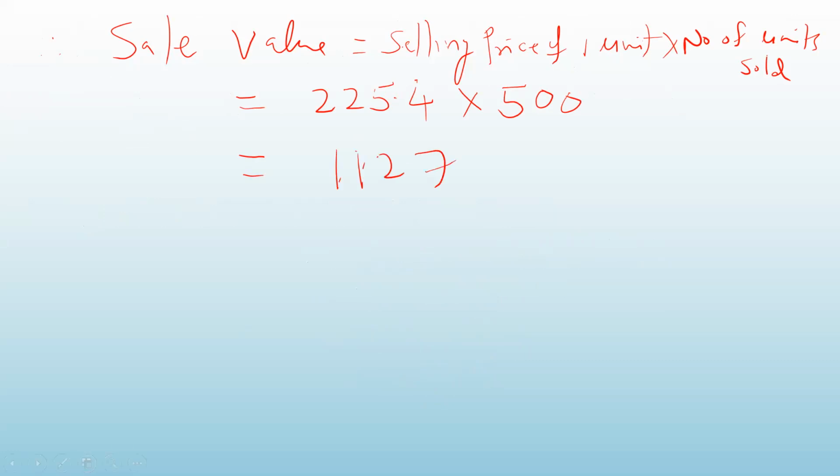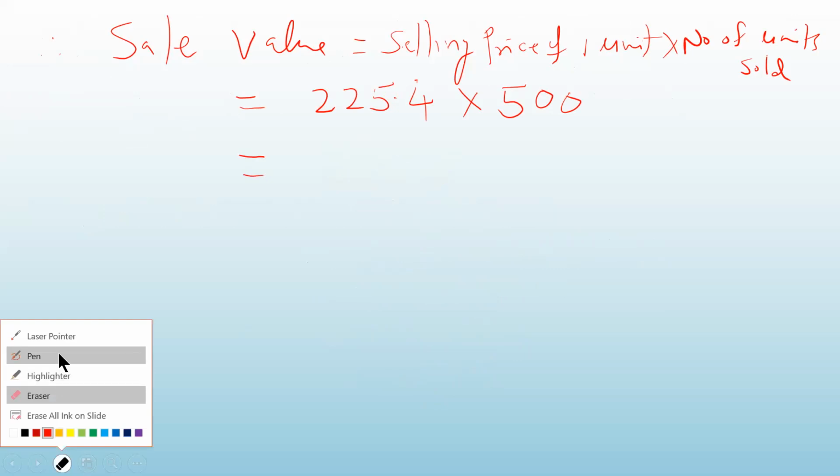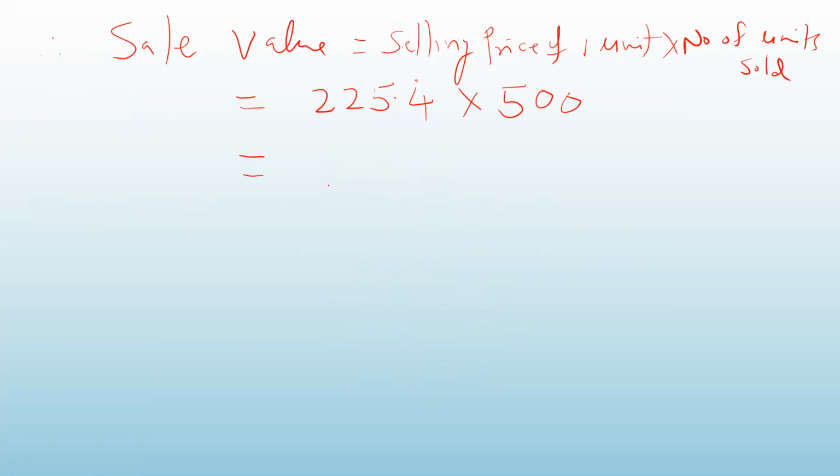Just write out quickly. So it is 1,12,700. So this is the total sale. That means after selling 500 units, he will get this much amount.